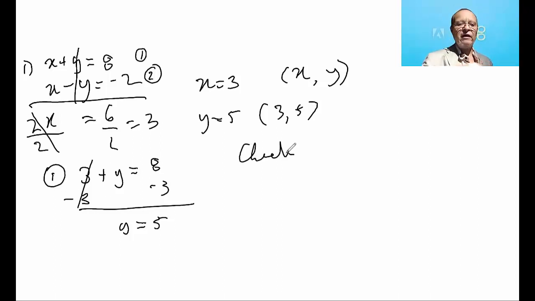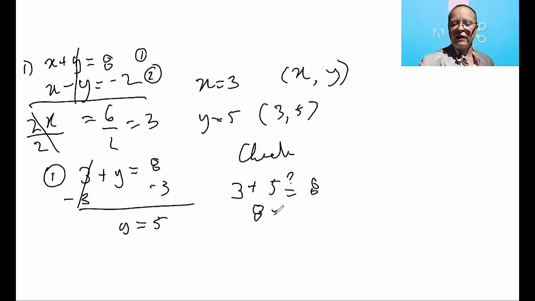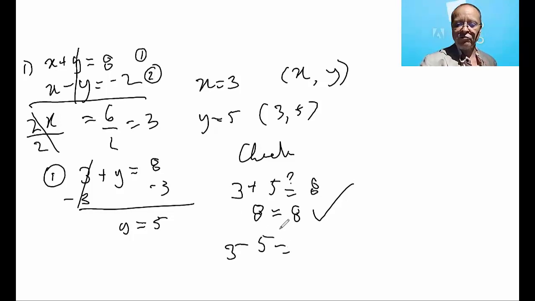So I'll check x, well, that's 3 plus 5, question mark, is equal to 8. Well, we know 3 plus 5 is equal to 8, so that means that's correct. Now I'll take x is equal to 3, minus 5 is equal to question mark, negative 2.